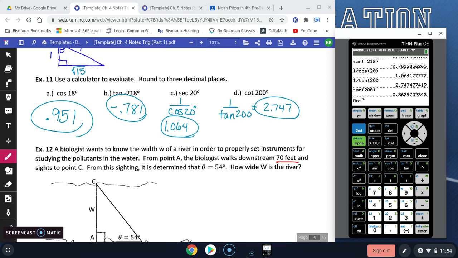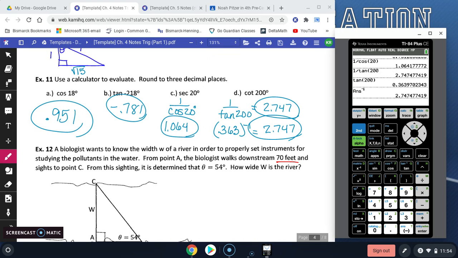Then I'm going to do the inverse. So over here to the right, right above your x squared button, is your exponent to the negative 1. So remember, that does the reciprocal. Negative exponent means you're going to do the reciprocal, and that will give me 2.747.